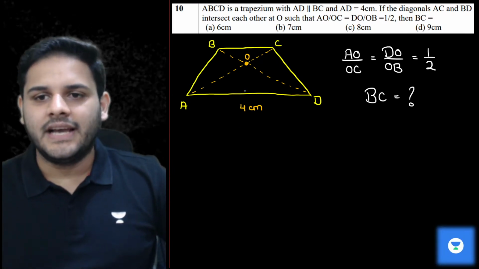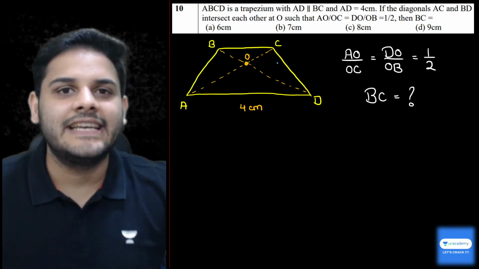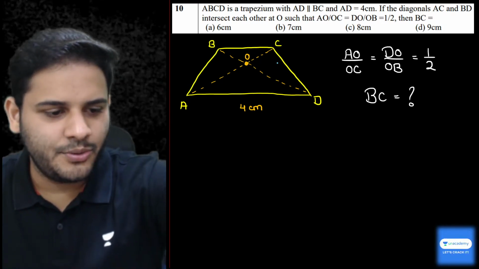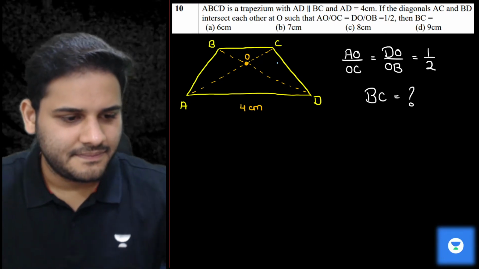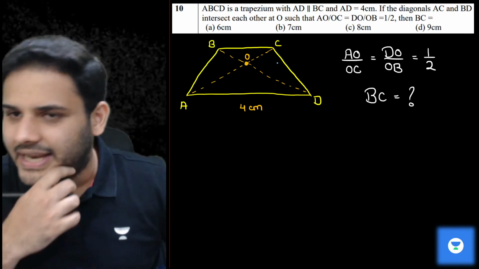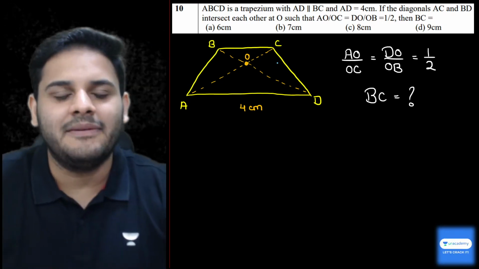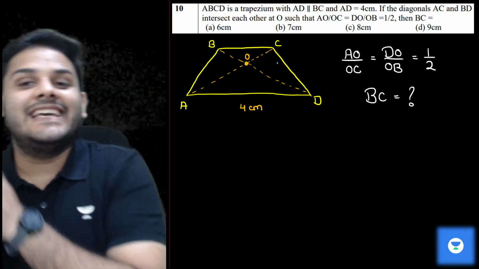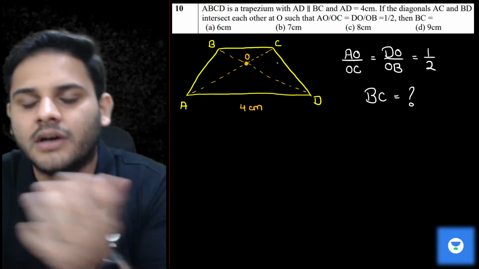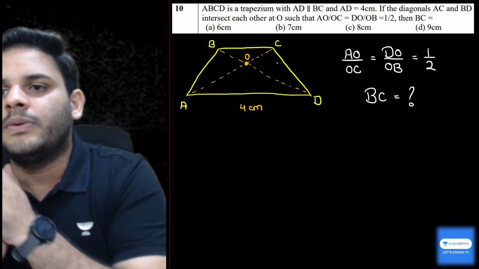AD is parallel, yes, AD is parallel to BC, it's given to you in the question. Just if you refer to the full screen, you will easily get it. AD is parallel to BC, correct, that's already mentioned. AD is 4 centimeters, that is mentioned. Diagonals AC and BD intersect at O such that the ratio of AO upon OC and OD upon OB will be 1 by 2.